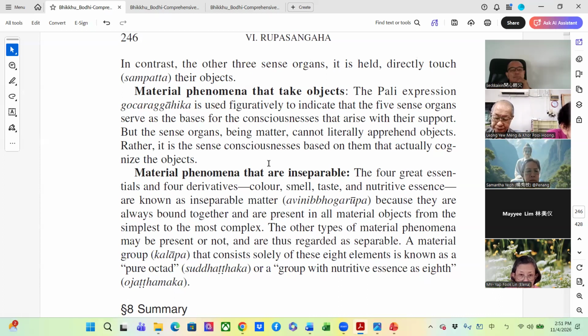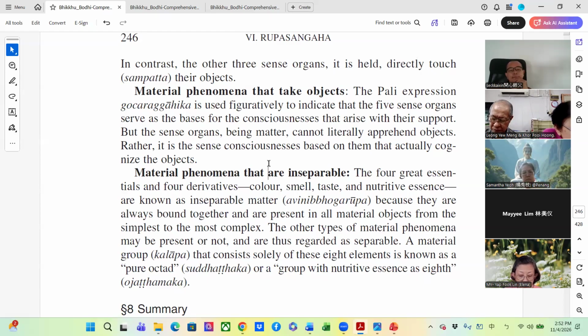Material phenomena that are inseparable. The four great essentials and the four derivatives, color, smell, taste, and nutritive essence, are known as inseparable matter because they are always bound together and are present in all material objects, from the simplest to the most complex.